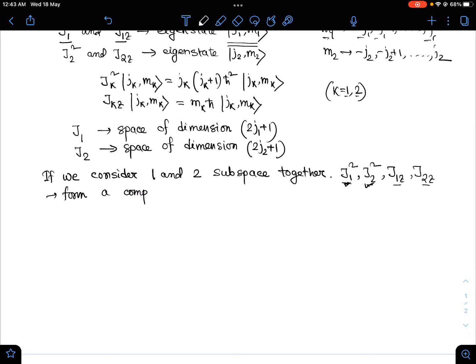So this commutes with this, and this commutes with this. Similarly, this one commutes with this, and this one already commutes with this. All these four are mutually commuting with each other. That is why we can form a complete set of commuting operators.